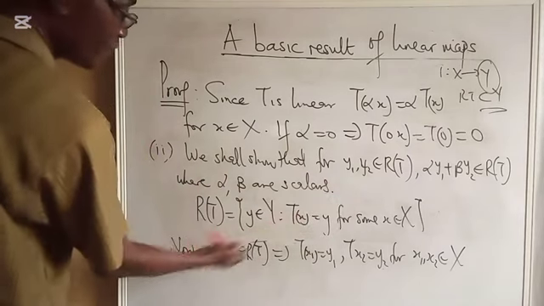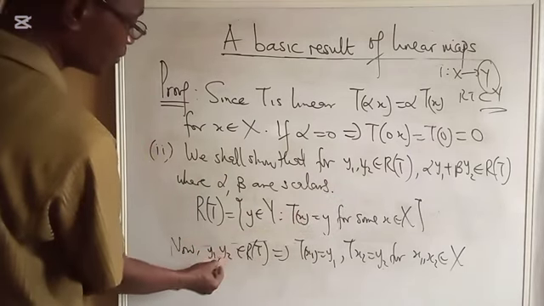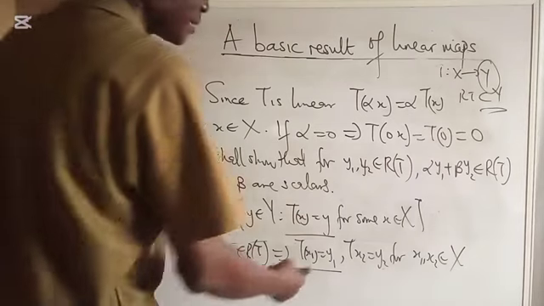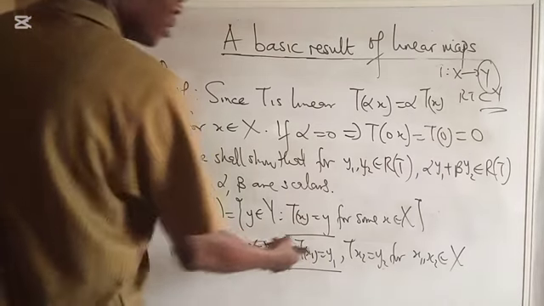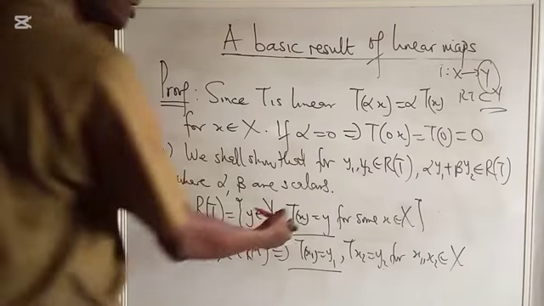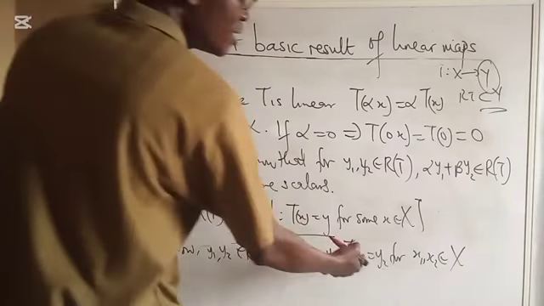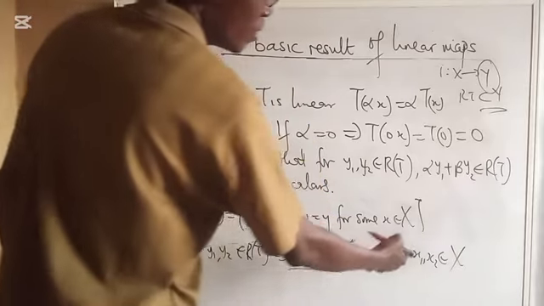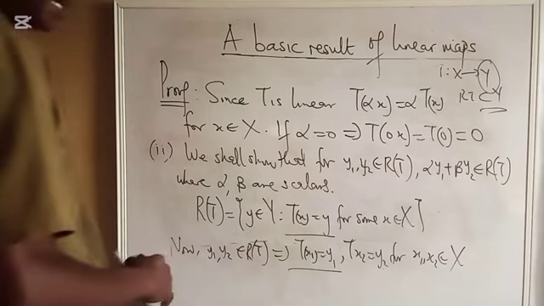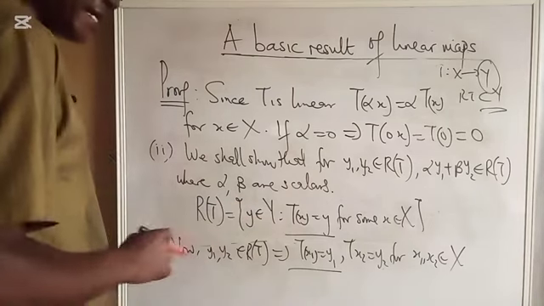Look at the definition of the range. The range says that T of x should equal y. So when we have y1, y2, we are respectively going to have x1, x2, so T of x1 will be equal to y1, T of x2 will be equal to y2, for x1, x2 in X. I hope that is taken.